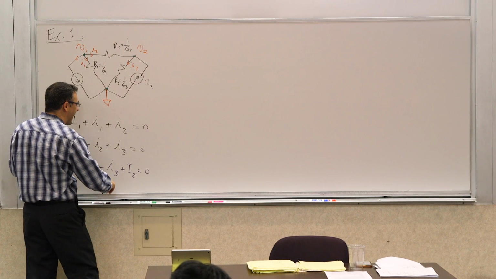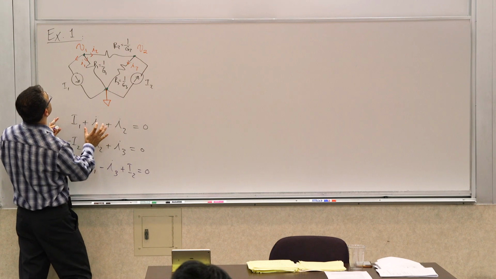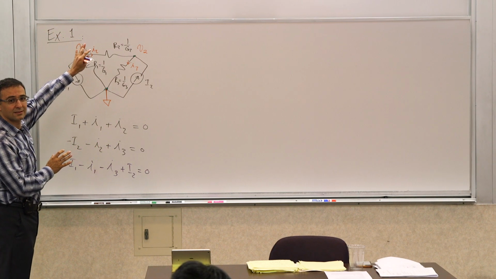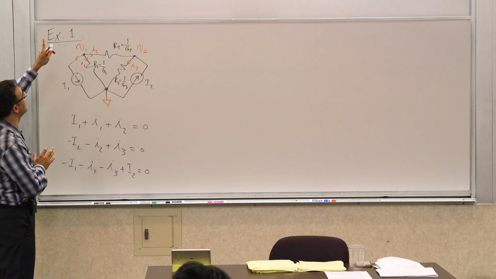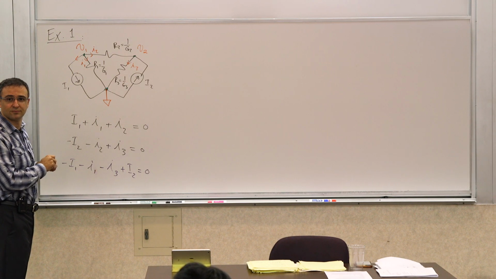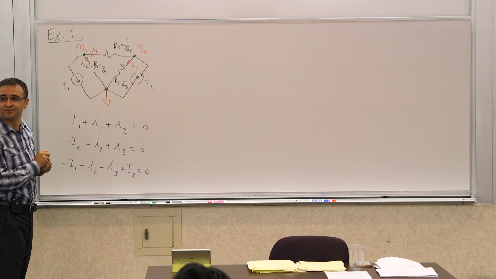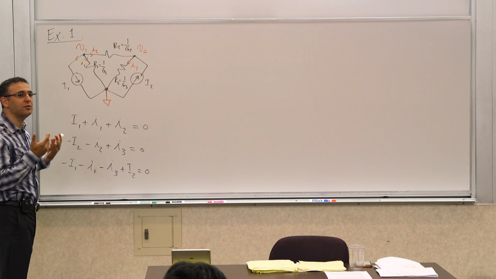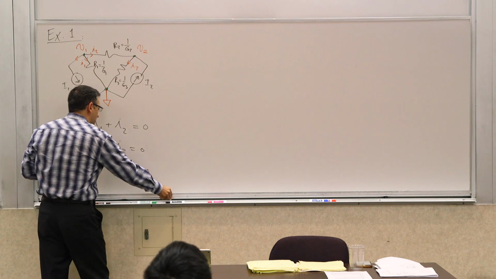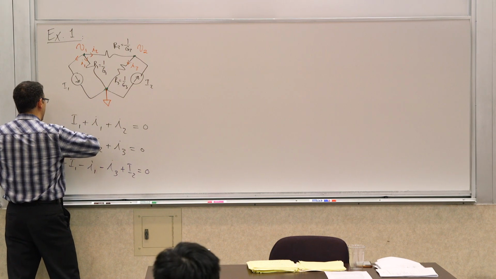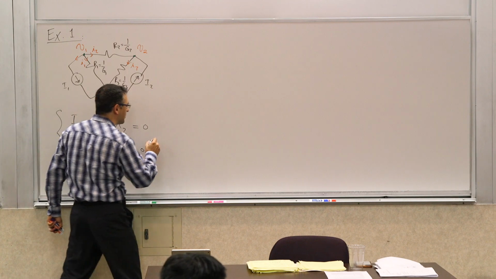So let's see. But this is not really the KCL step. This is not really step 3, because step 3 is to state them in terms of node voltages, right? And how do you do that? How do you relate voltages to current? So this is also a part of that. So yes, these equations are correct. These are KCLs. But I really don't want to write them this way.